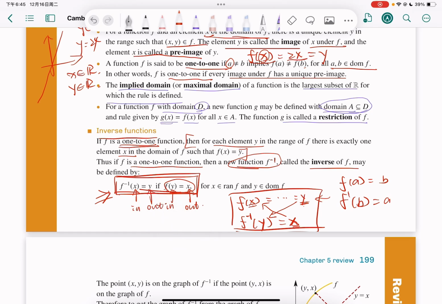So don't be confused whether they use this one or this one. It's only the symbol of x and y, so you can define them differently.